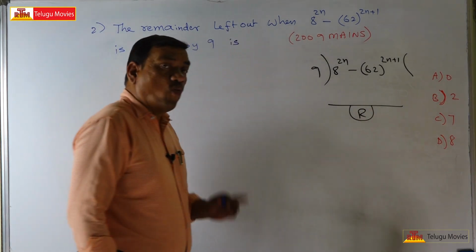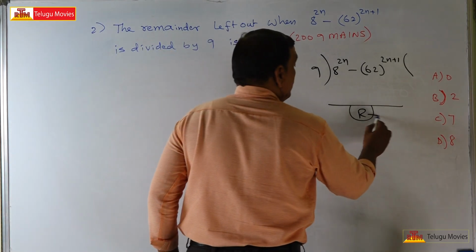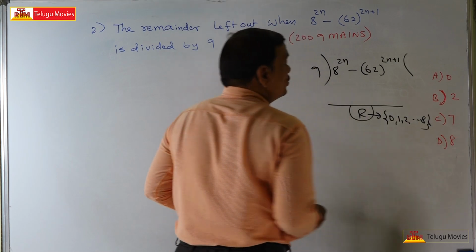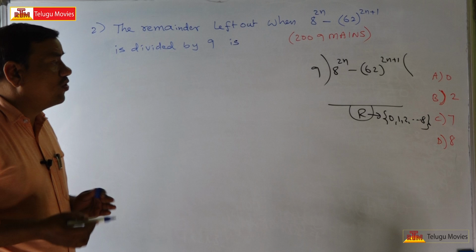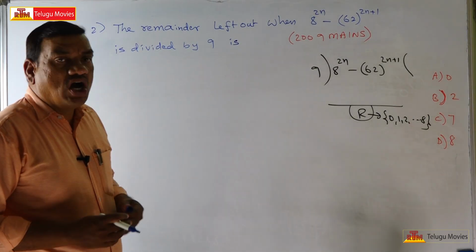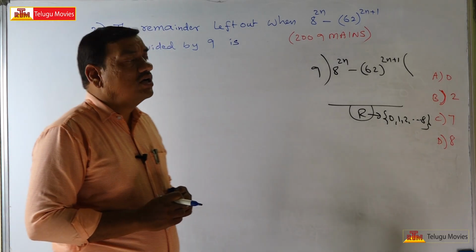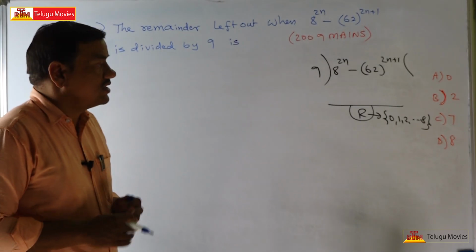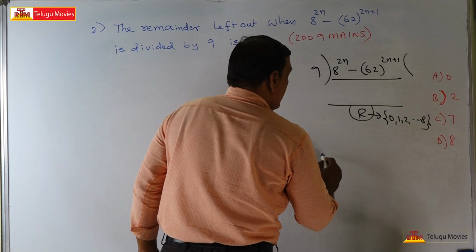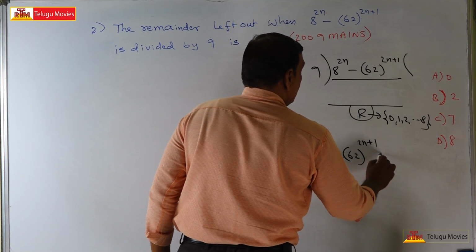Okay, now one thing is clear, your answer should be between the sets 0 or 1 or 2 or 3 or 4 or 5 or 6 or 7 or 8. That is clear. So if you see the answer options, all options are eligible for your answer. Okay, there is no elimination of the answers, right? So this is the dividend, 8 power 2n minus 62 whole power 2n plus 1.